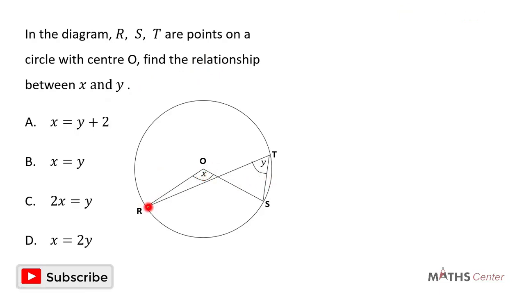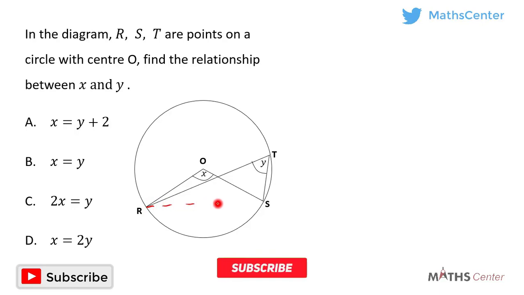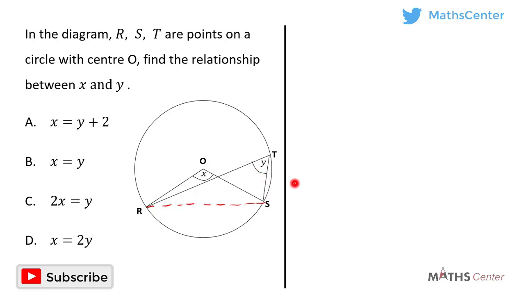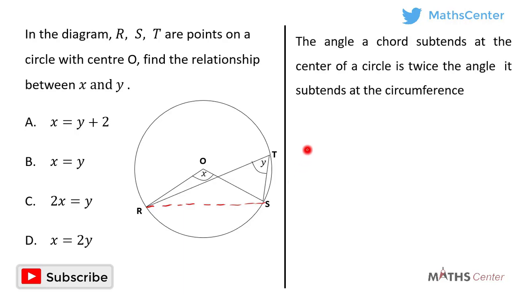Let's join point R to point X to form the chord RX. One of the theorems of a circle says that in a circle, the angle a chord subtends at the center of the circle is twice the angle it subtends at the circumference.